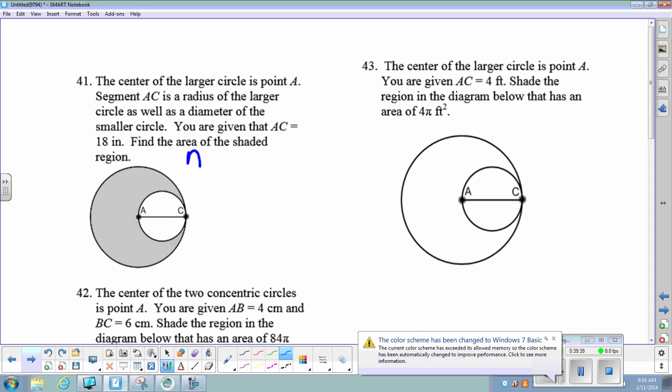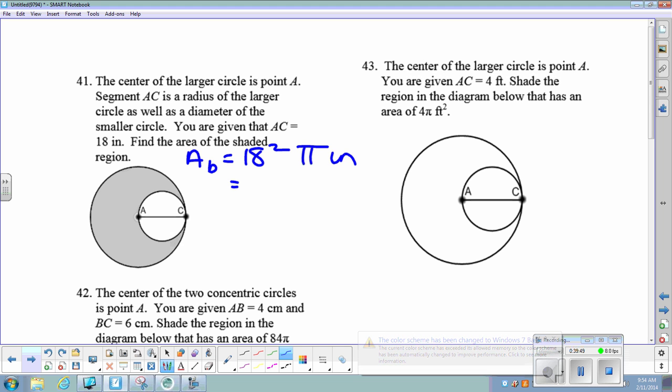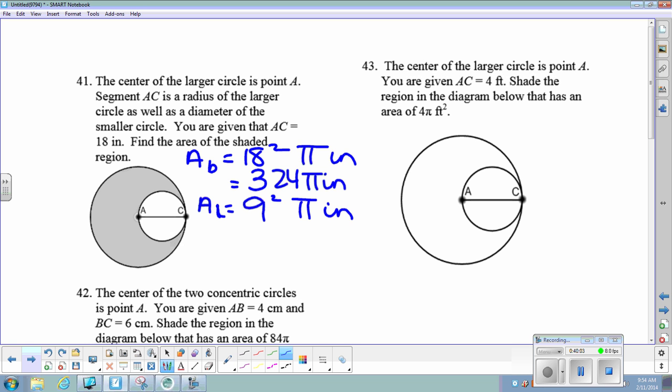So the area of the big one would be 18 squared times pi inches. So this would be 324 pi inches. The little circle, since our diameter is 18, our radius is 9. So we have 81 pi inches squared. Subtract the two to figure out the area of the shaded.